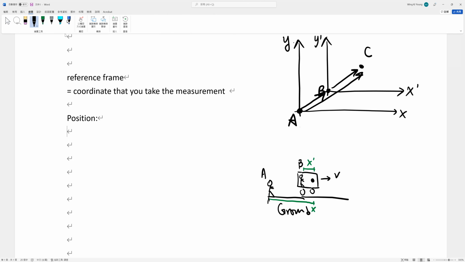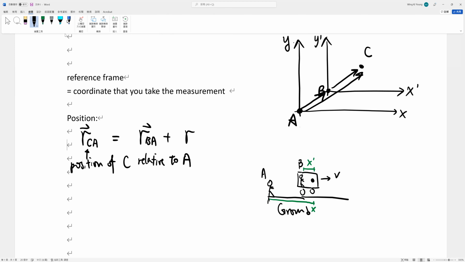For the position, if you measure the position of object C from A, this is the position of C relative to A. Then this will equal the vector from A, the position of B relative to A, plus the position of C relative to B.